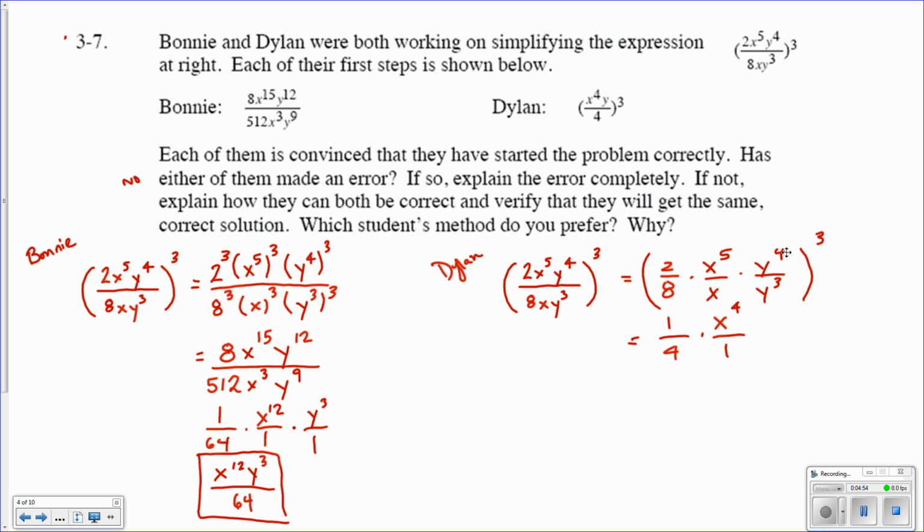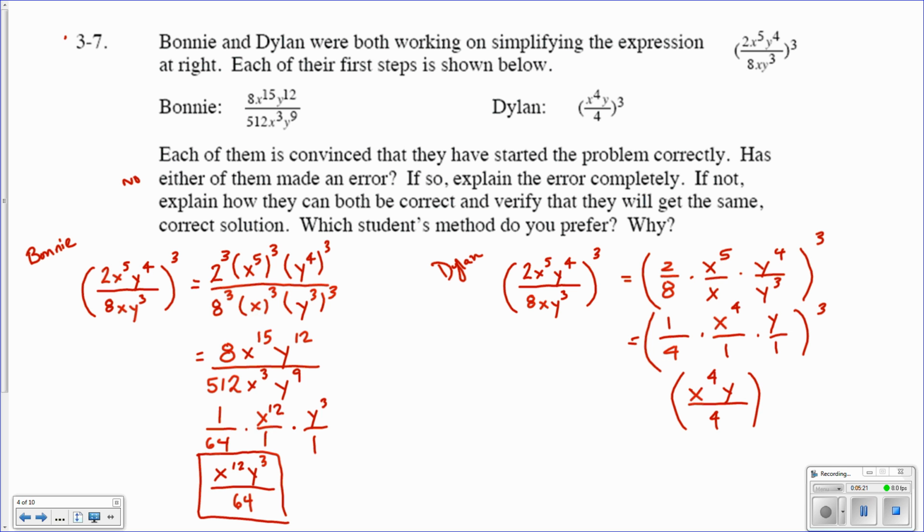And then we have y to the fourth over y to the third, which means we're going to end up with just a single y over 1. Whole thing still raised to the third power, but let's look and see what happens when we simplify inside. 1 times x to the fourth times y gives us x to the fourth y, over 4 times 1, which just gives us 4.